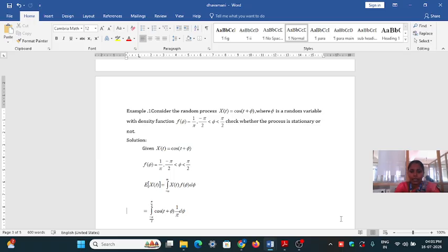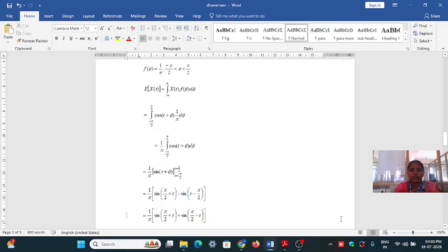Next, expectation of X(t). We are going to check whether expectation of X(t) equals a constant and variance of X(t) equals a constant. So expectation of X(t) equals the integral from minus infinity to infinity of X(t) f(pi) d pi. X(t) is nothing but cos(t + pi) and f(pi) is nothing but 1 by pi d pi, limits minus pi by 2 to plus pi by 2.